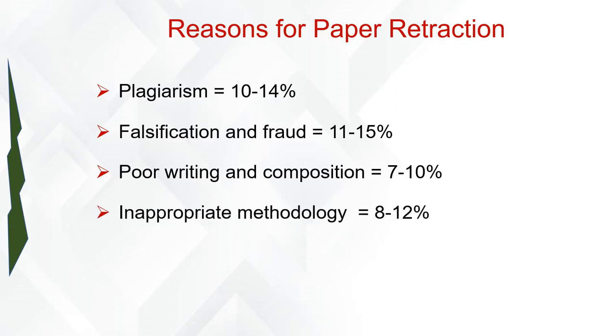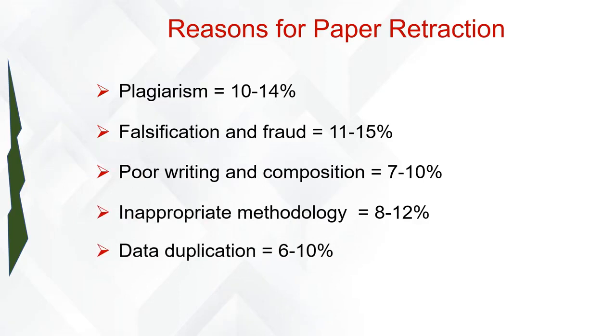We all know how important methodology is. We have to ensure that whatever methodology we are going to use should be accurate, proper, and appropriate. But still, 8 to 12% are rejected or retracted afterwards when the methodology has been proved wrong. So that is another reason.